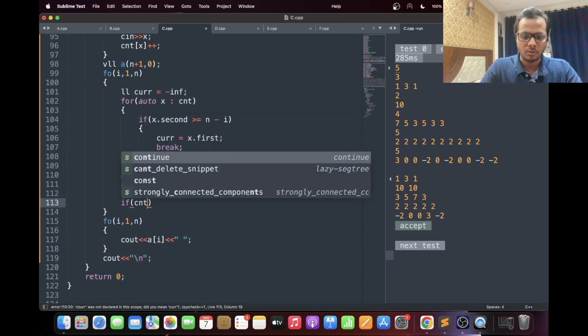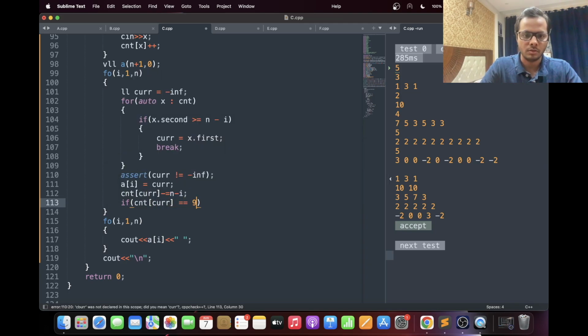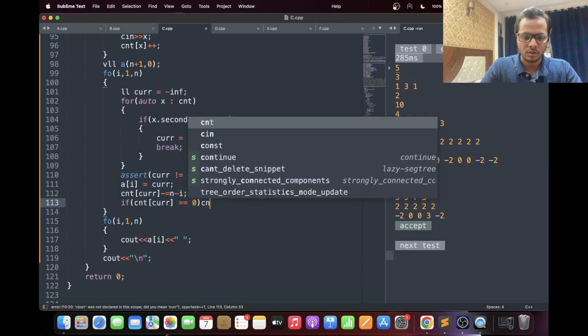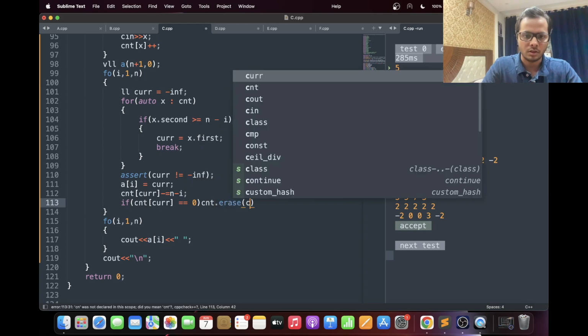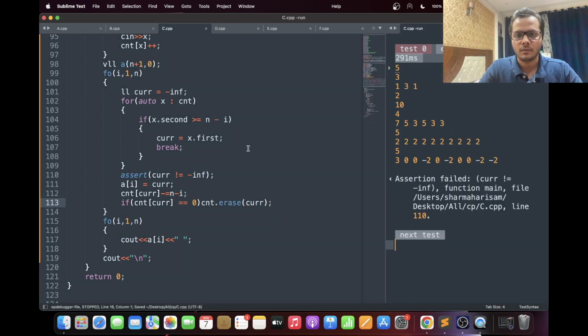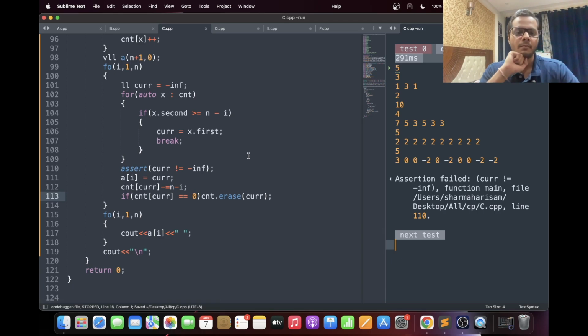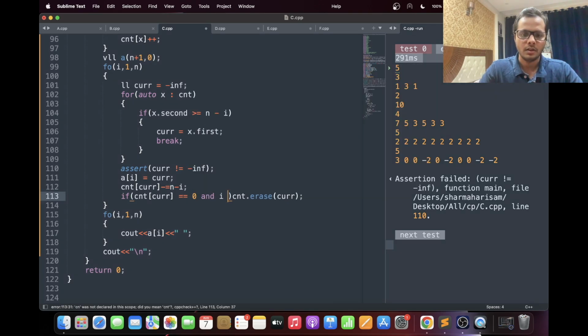So if count of cur is equal to 0, we'll say count dot erase cur. And i is not equal to n minus 1.